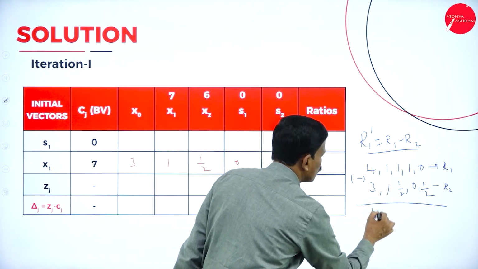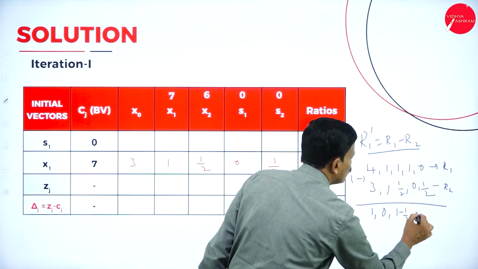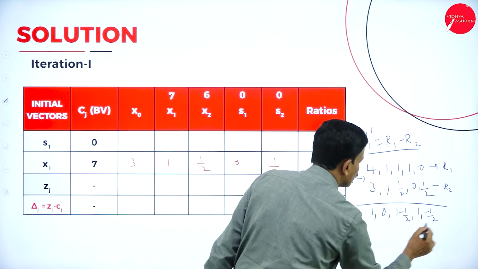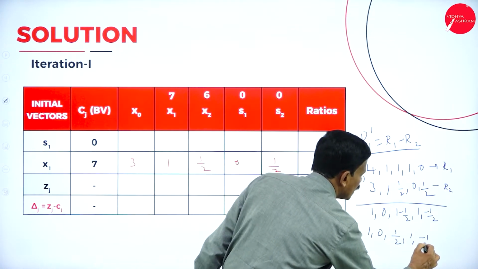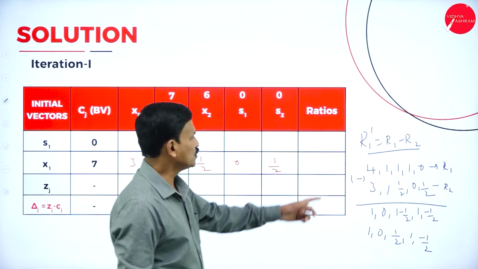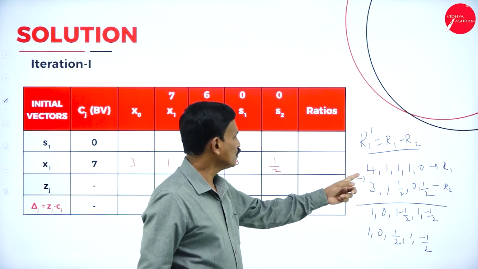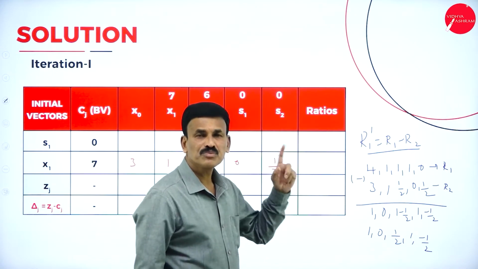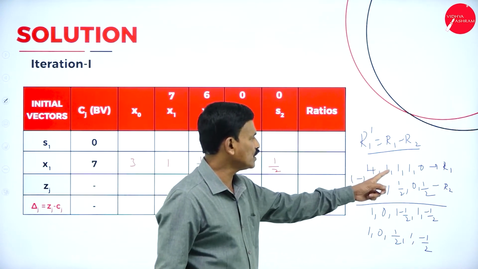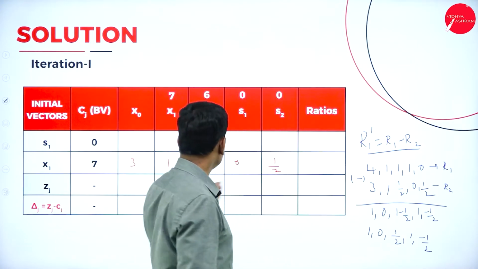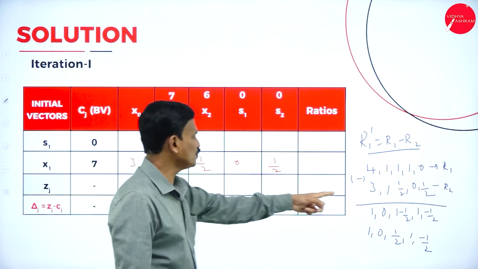4 minus 3 is 1, 1 minus 1 is 0, 1 minus 1 by 2 is 1 by 2, 1 minus 0 is 1, 0 minus 1 by 2 is minus 1 by 2. This R1 dash is equal to R1 minus R2. What is R1? R1 is nothing but the values from the initial simplex table, first row 4, 1, 1, 1, 0, and R2 are nothing but the elements of the first iteration, row 2: 3, 1, 1 by 2, 0 and 1 by 2.